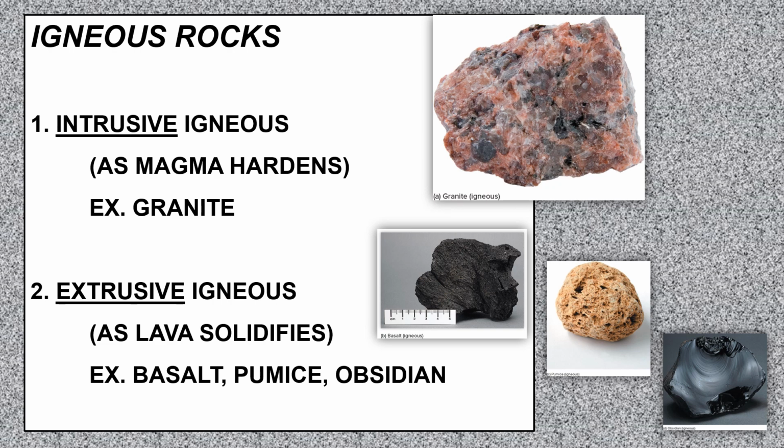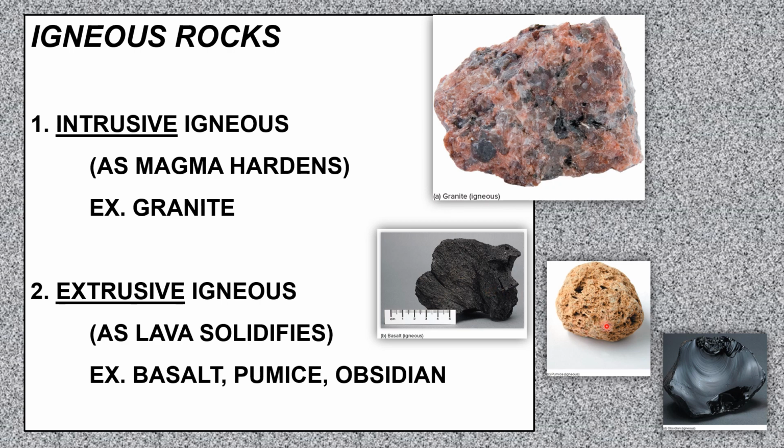For example, granite, as opposed to the extrusive igneous. It's extrusive, meaning that it solidifies outside of the Earth's surface as lava solidified. And so some examples there's a basalt.